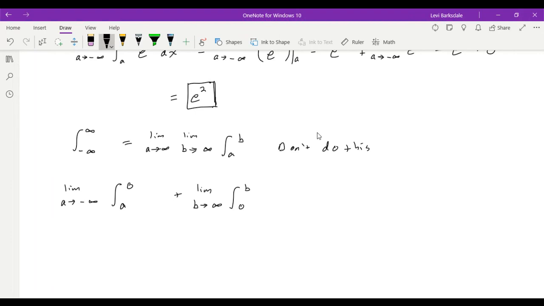It's kind of saying the same thing, it's just mathematically proper. And some professors might take off points if you do this top thing, so I would just avoid it. This is the right way to do it.